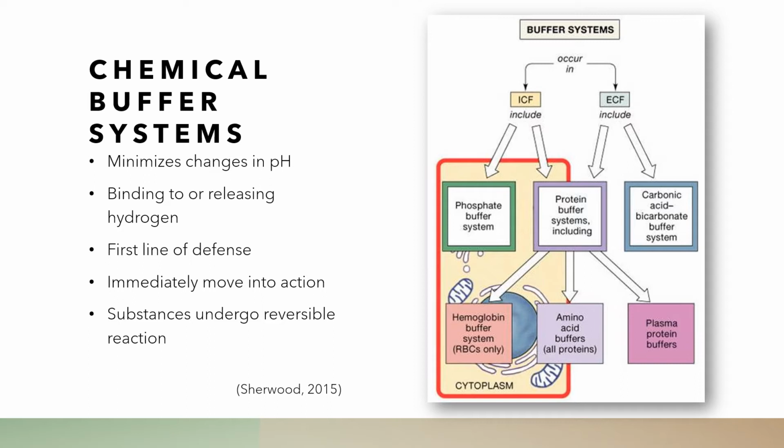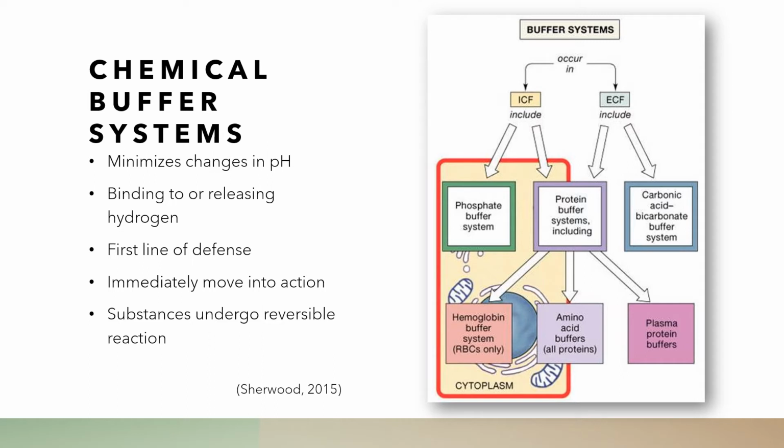What this means is that when the reaction moves in one direction, one substance can yield a hydrogen ion, and in the other direction, another substance can bind to any free-floating hydrogen ions. We can see this by looking at an important buffer reaction known as the carbonic acid bicarbonate pair.